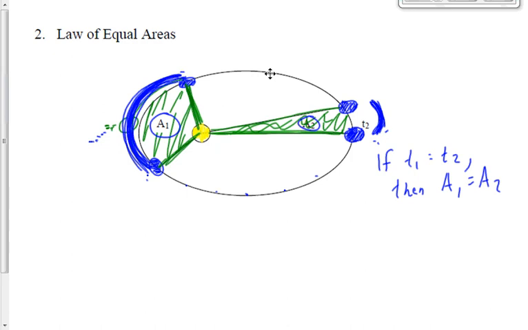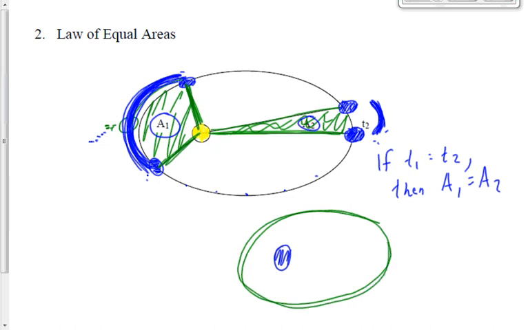So if this is the sun right here, the Earth's going around, speeds up, slows down. As it gets closer to the sun, the Earth speeds up, and as it gets further away, the Earth slows down.